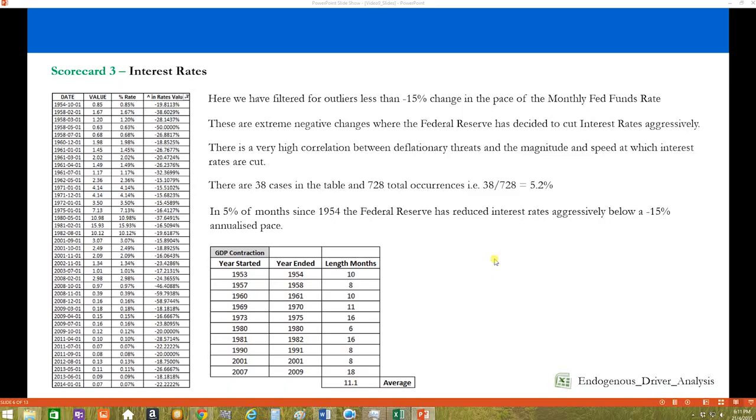These are abnormal situations that happen, generally speaking, in a 2 standard deviation event. So in this situation, we would expect that if the Fed is cutting interest rates extremely aggressively at a very quick pace, and if the magnitude is high, that's going to be correlated with GDP contractions.